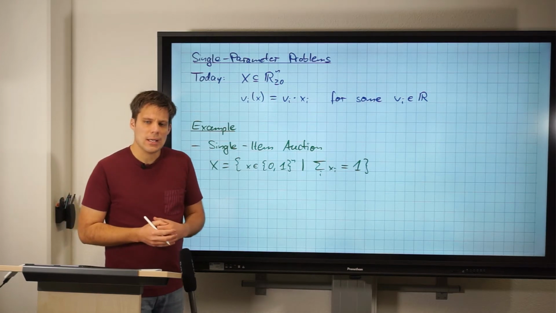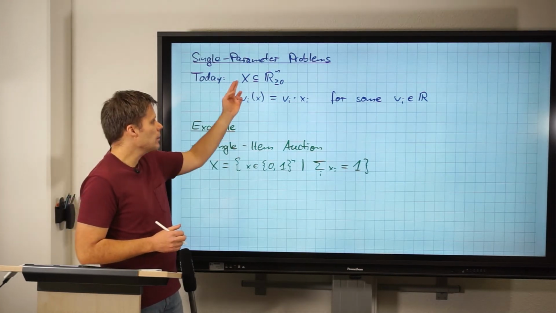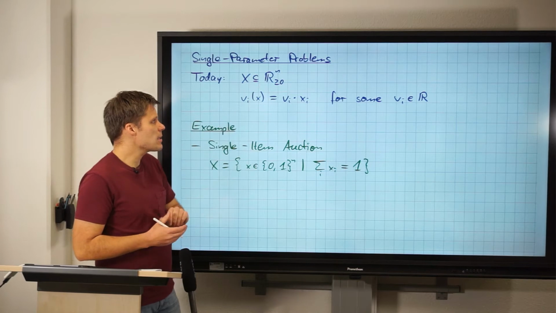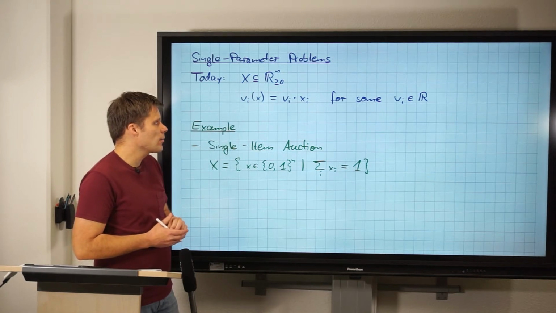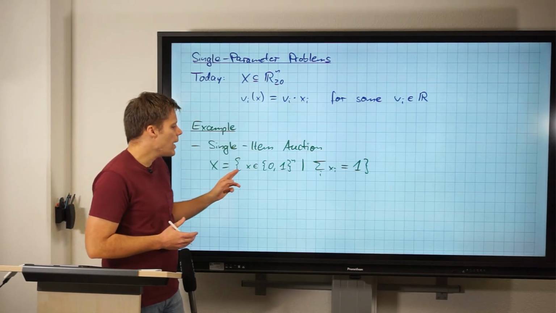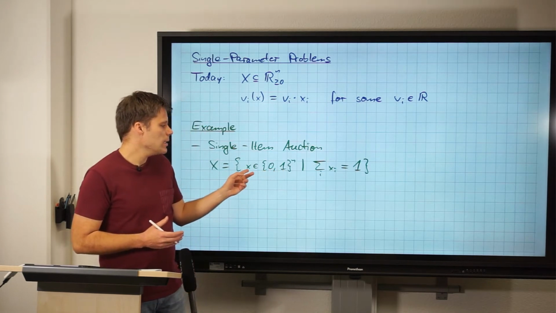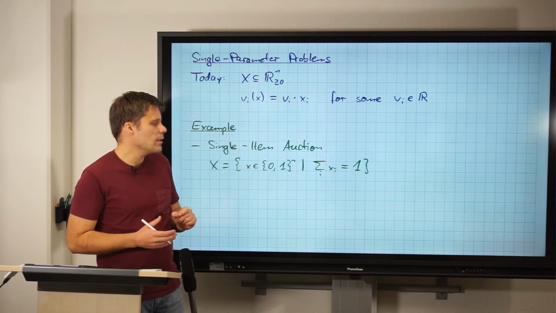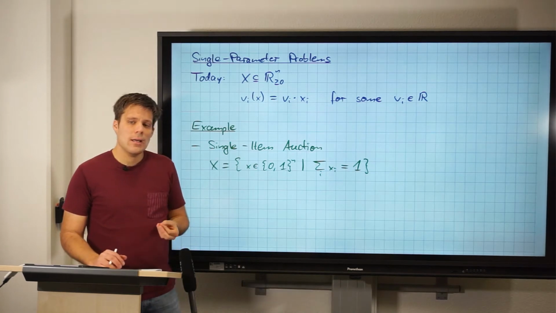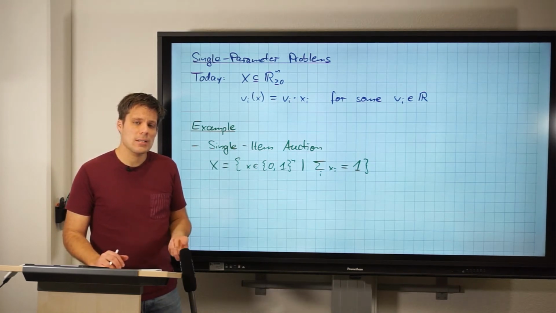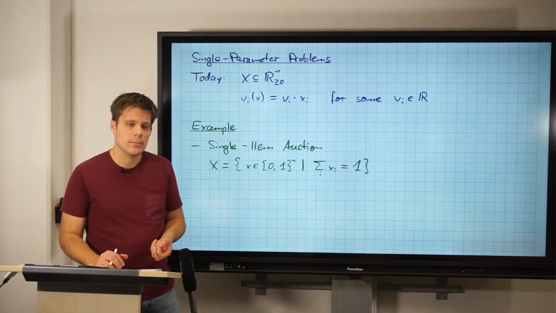Now we're getting exactly what we want, namely, first of all, this is a subset of the non-negative reals to the n, and here now we have x_i equal to 1 if player i gets the item, and it is 0 otherwise.